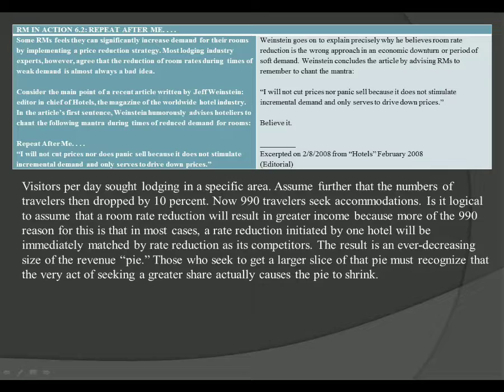Weinstein goes on to explain precisely why he believes room rate reduction is the wrong approach in an economic downturn or period of soft demand. Weinstein concludes the article by advising RMs to remember the mantra.